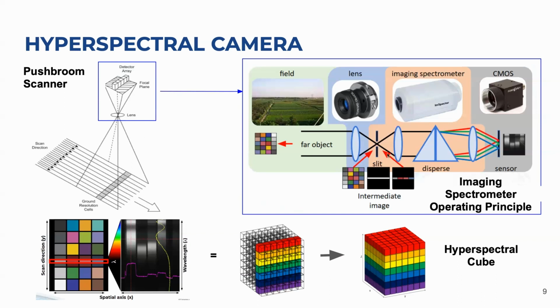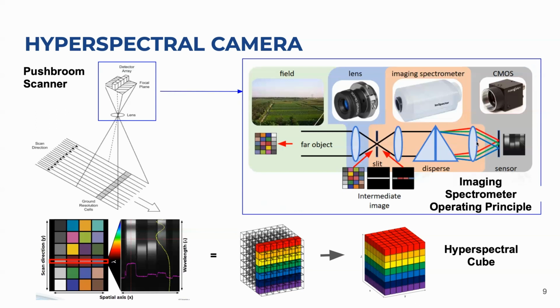So after the light passes through the slit, the light from the field or the object goes through a dispersing element. It can be a grating, a diffraction grating. We know that when a line of light passes through the diffraction grating, it splits the light into its rainbow colors.